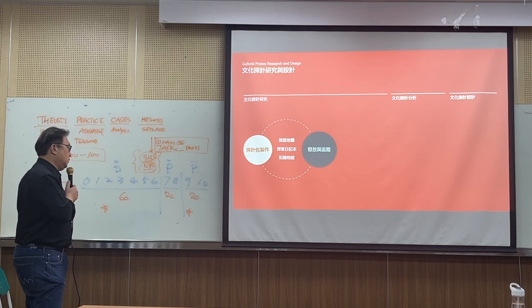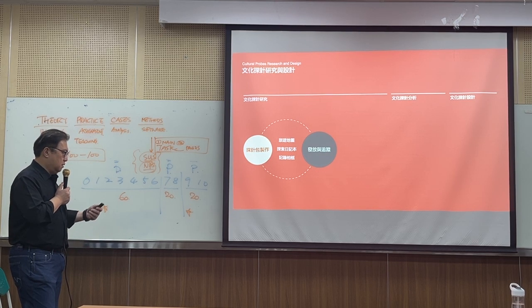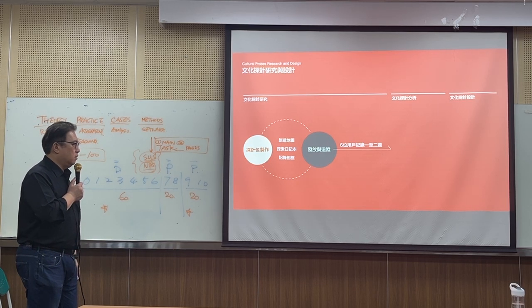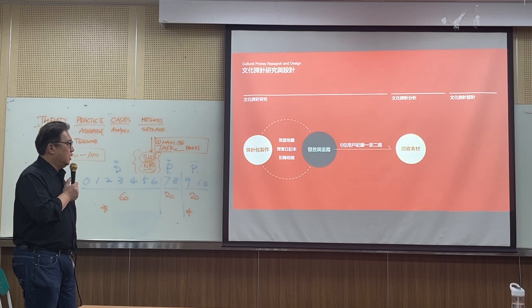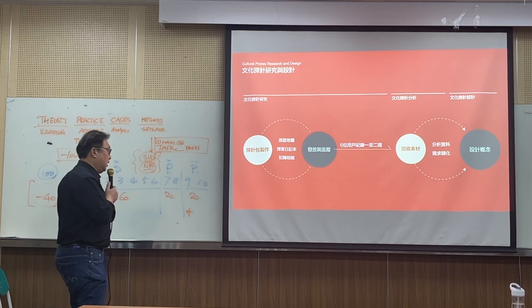Whenever they browse information or collect information, they have to write it down for you. The 6 users record for 1 to 2 weeks, and then we collect the information and try to analyze it. Okay, so we transform the needs and come up with new design ideas.